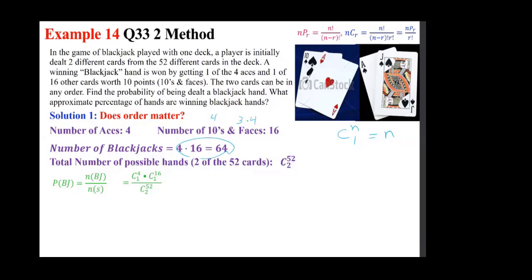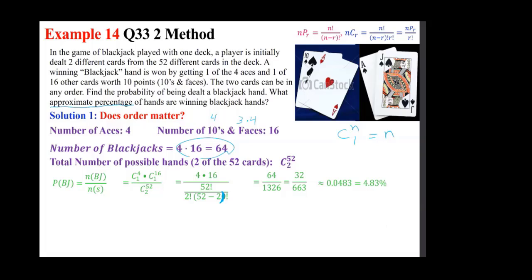Going step by step with the combination, the denominator is 52 factorial over 2 factorial times 52 minus 2 factorial, and that really becomes 50 factorial in essence. Simplification and putting it into a calculator gives us 64 over 1326, or 32 over 663. The approximate percentage is about 4.83%.